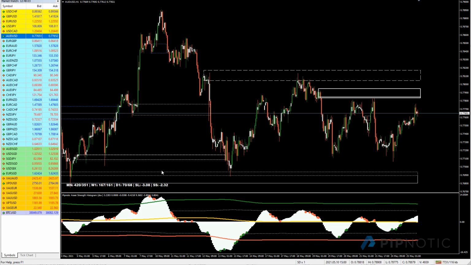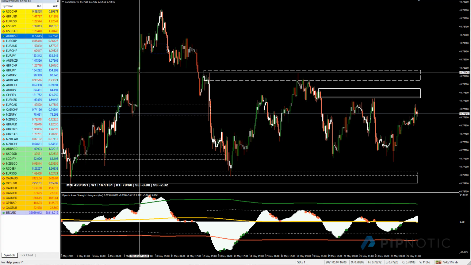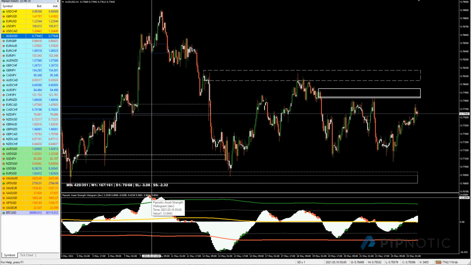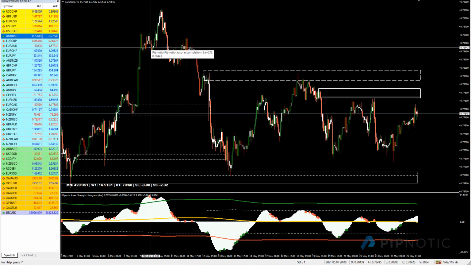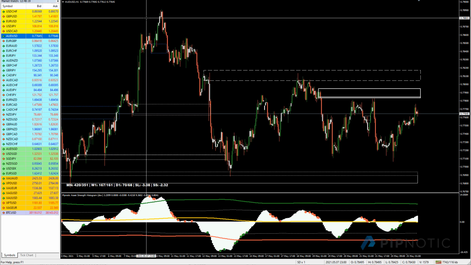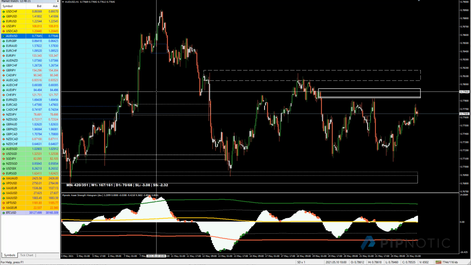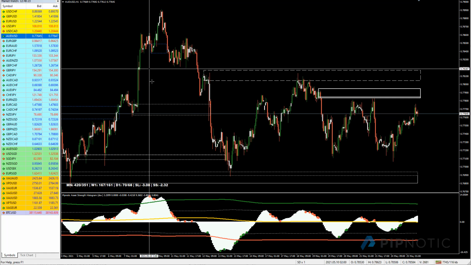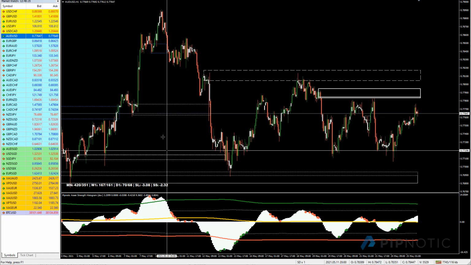We are seeing a divergence between the underlying strength of this asset and the price. When you see a dot like this form just here, it's telling us that we are seeing higher highs on the price, but the underlying strength of the asset is declining, as can be seen here in the histogram.